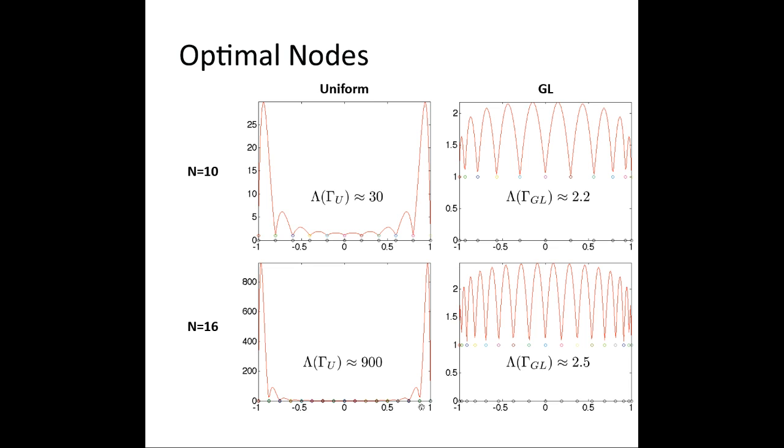And as we increase the number of interpolating points, we get a Gibbs-type phenomenon near the endpoints of the interval using a uniform grid where the error really explodes. So this shows the benefit of using Gauss-Lobato quadrature in spectral approximation schemes.